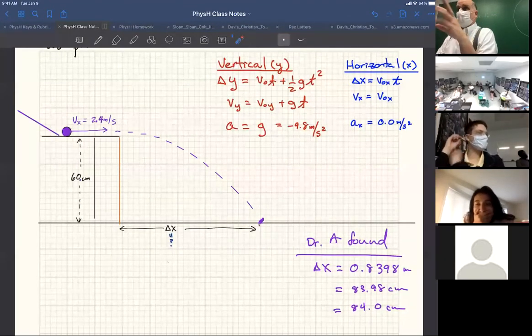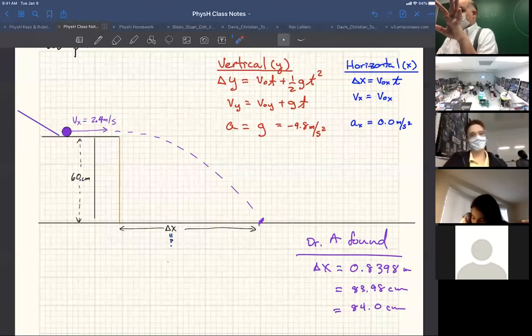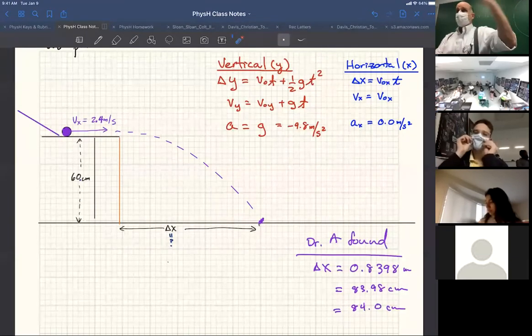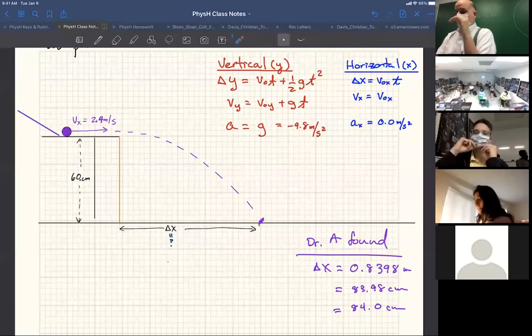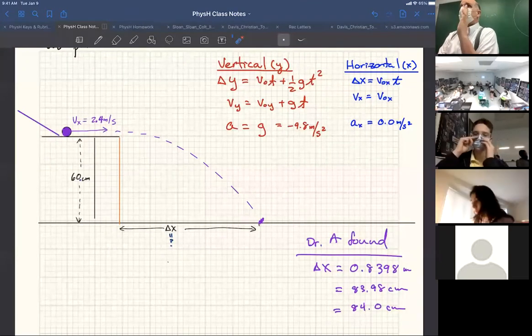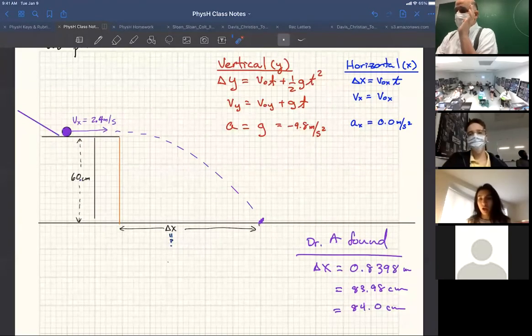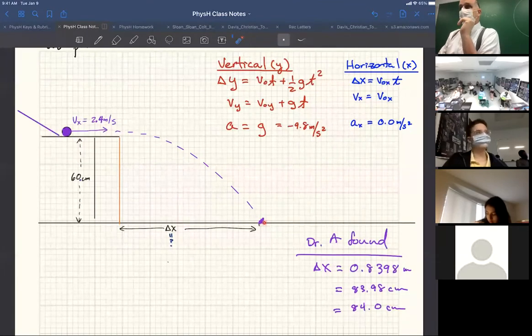And you can measure whatever else you need to measure. You can do many trials without the ball ever leaving the table. I want you to predict where it would land if you did not stop the ball from leaving the table.